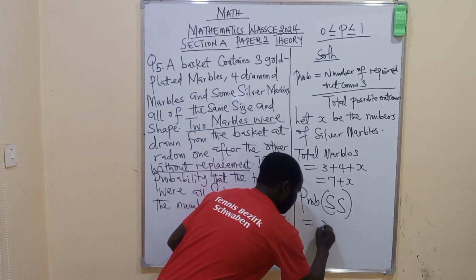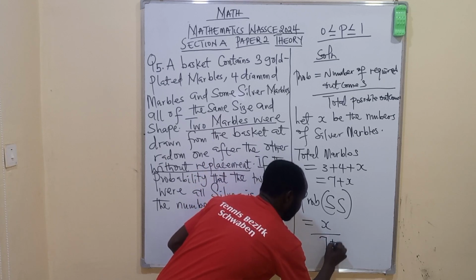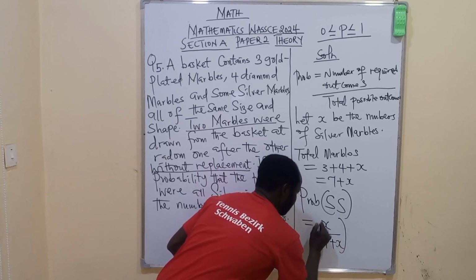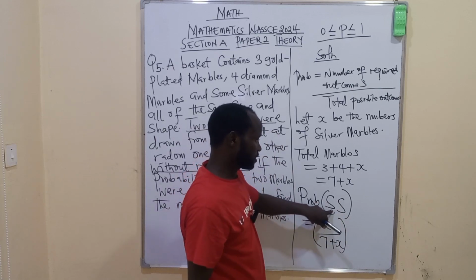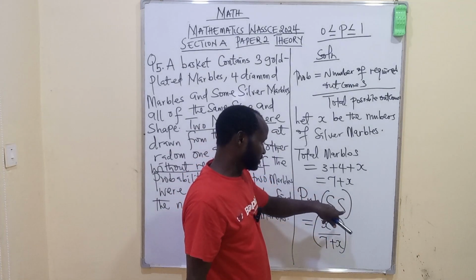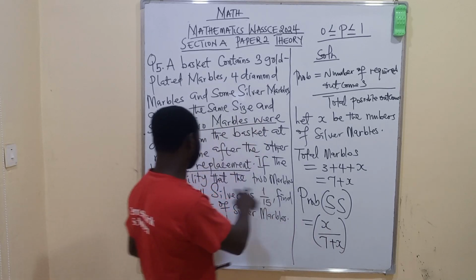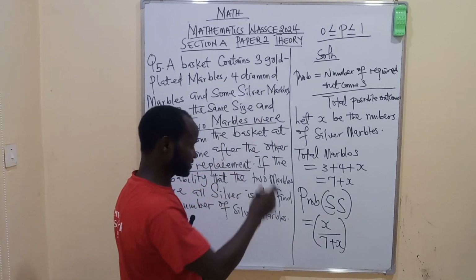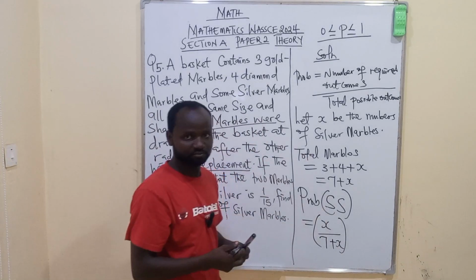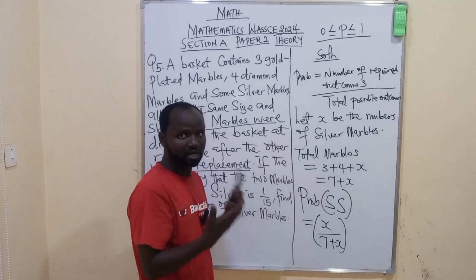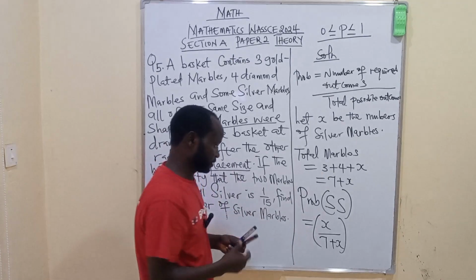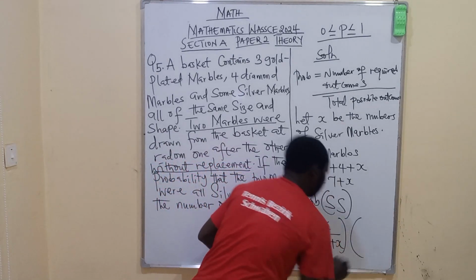So it will be x divided by 7 plus x. SS means S and S, both silver, and both means multiplication, so it will be times.